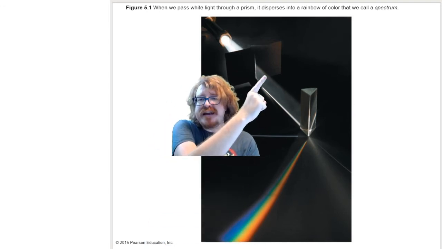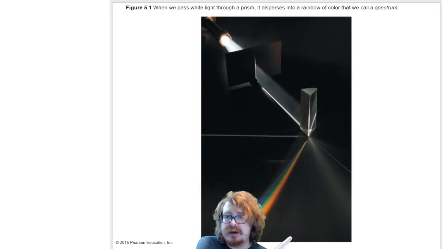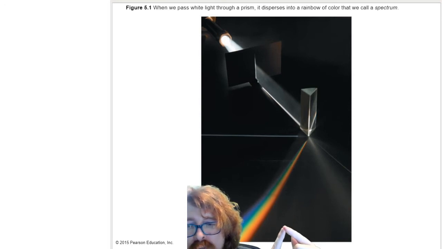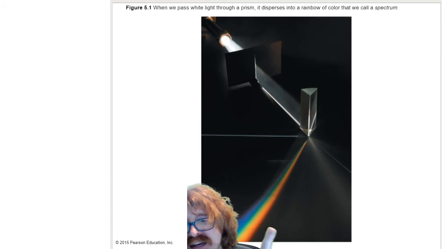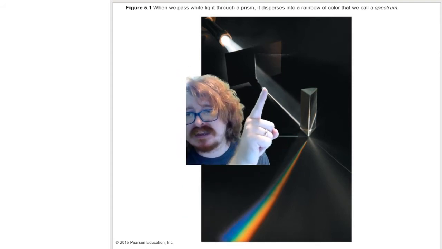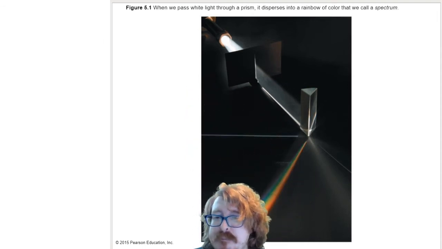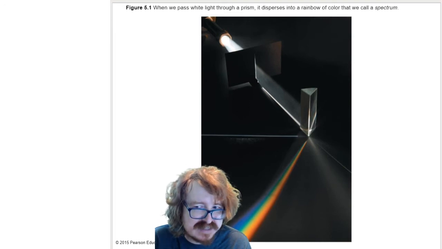If it bent to here, did it bend more or less than this visible light did? If the invisible light is ending up right here, did it bend more or less than this visible light did? If it came through like this and ended up right here, it bent less.